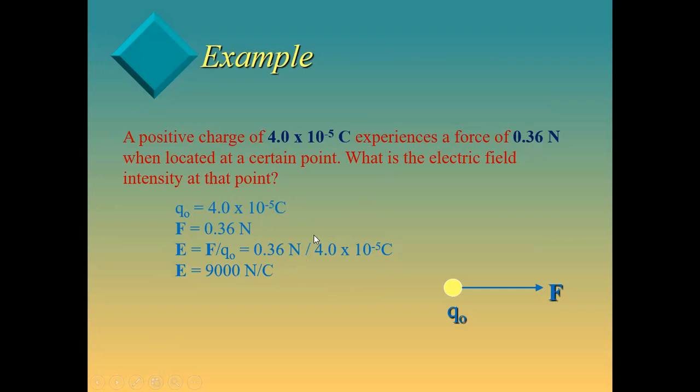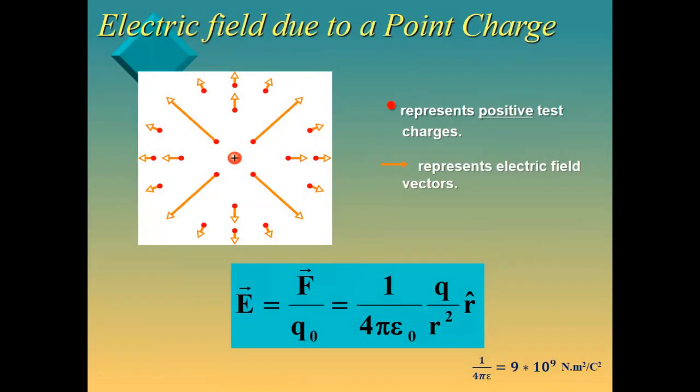per coulomb. In this slide, we will discuss the electric field due to a point charge. If we have a point charge, like in this case, a positive charge, the region around this charge will be an electric field region.